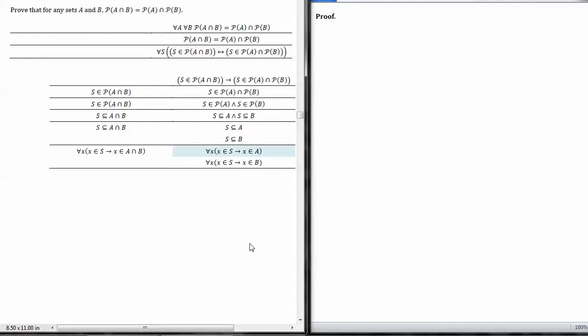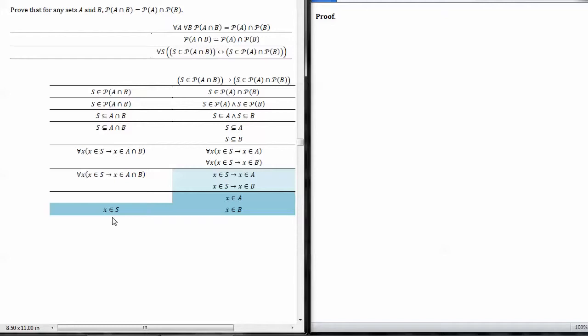Now we have universal statements as goals, so we can let X be arbitrary and drop the quantifier in each case. And now we have conditional statements as goals. And the nice thing is they happen to have the same antecedent. So in proving each of those, we're going to take X in S as a new given.